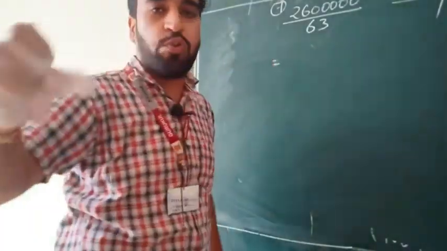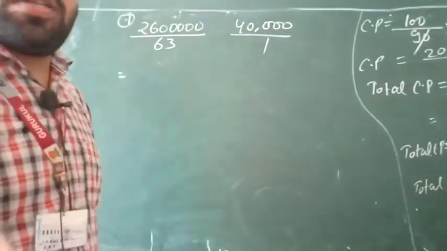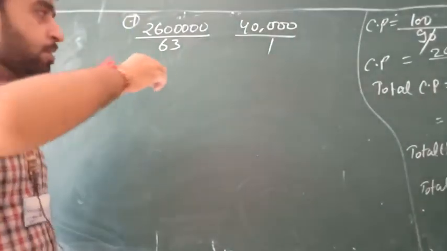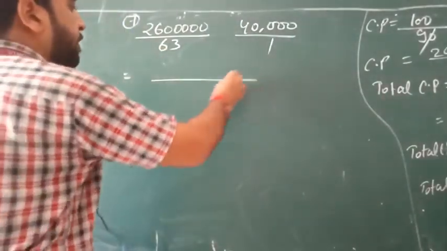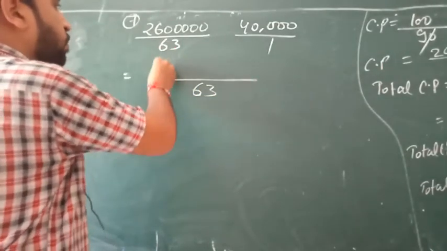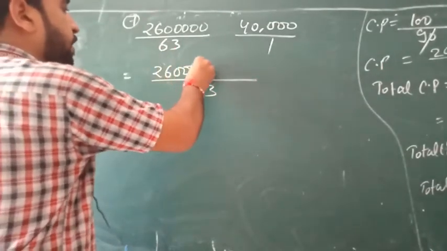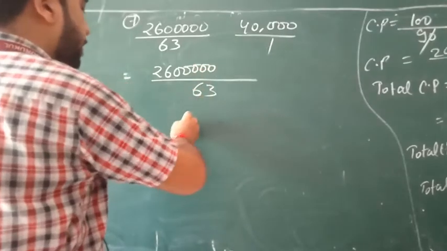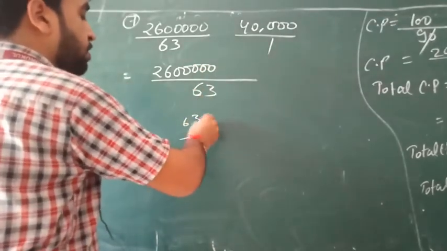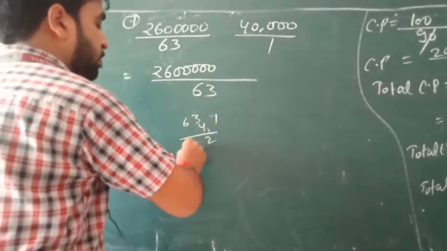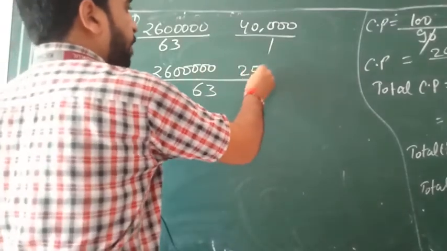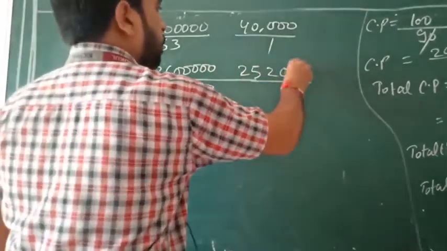That will turn out to be 63. So 2, 6, 1, 2, 3, 4, 5, and 40,000 times 63 is 252, 1, 2, 3, 4.